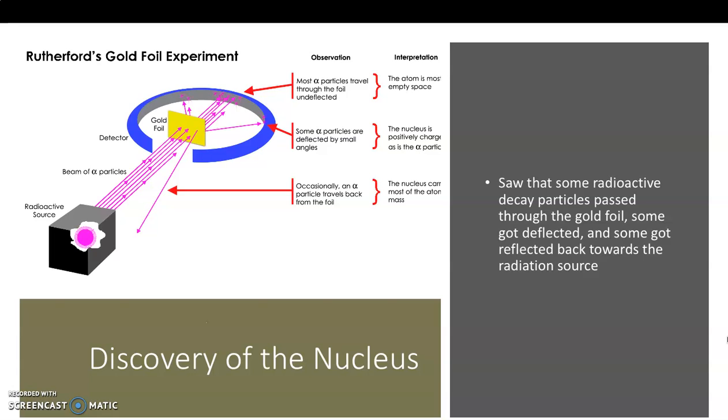But there were some particles that would veer off and change direction after passing through the gold foil, and that proved that the charge was positive in the nucleus, or they were of the like charge, and so they were able to repel each other and send each other flying in different directions. But every once in a while, a radioactive isotope or an alpha particle would bounce back off the gold foil and come back towards Rutherford.